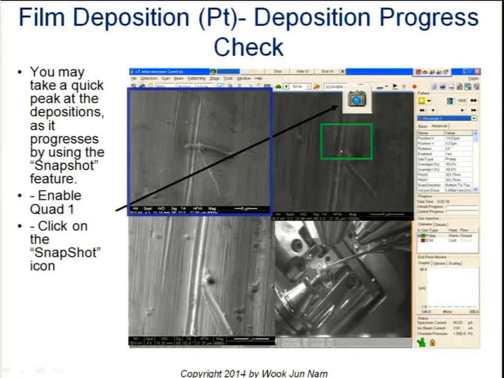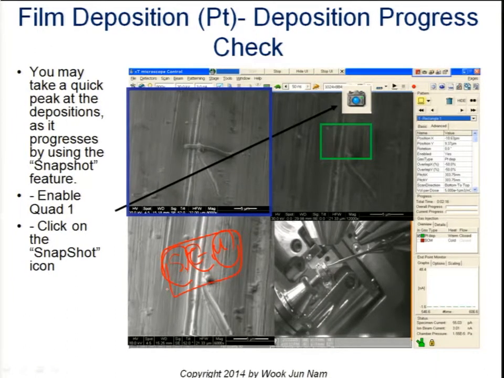During the deposition, we can check the progress using the SEM. But in this case, instead of just observing a live deposition process, we wanted to use a snapshot, because if we just keep the detectors turned on, the deposition process can contaminate them.